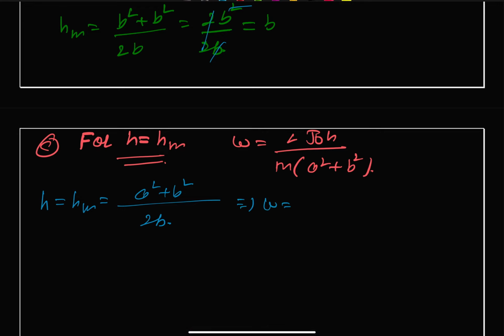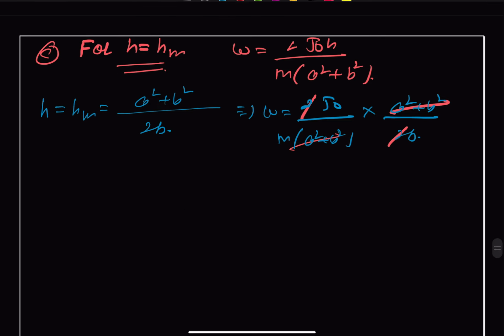Therefore omega is equal to 2 times j naught upon m a square plus b square, and this will be coming as our a square plus b square upon 2b, and a square plus b square cancels out, 2 and 2 goes away, so we get that our omega will be equal to our j naught upon mb, which is independent of A. So this is also true.